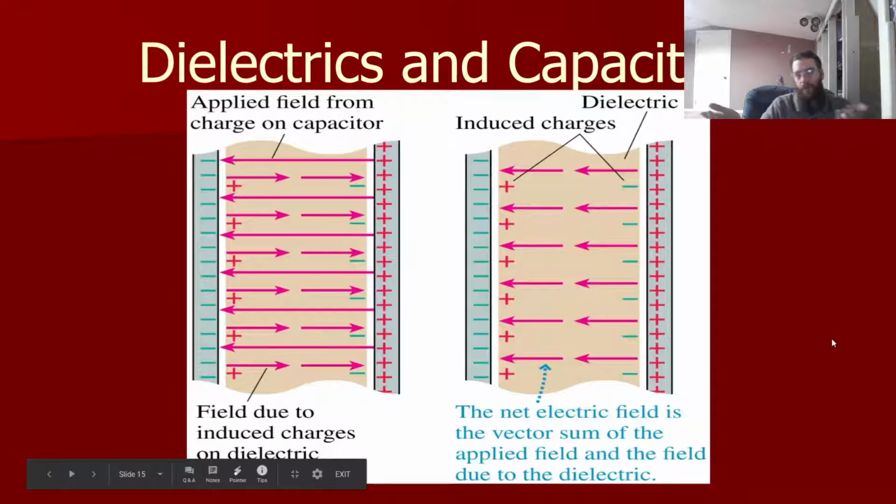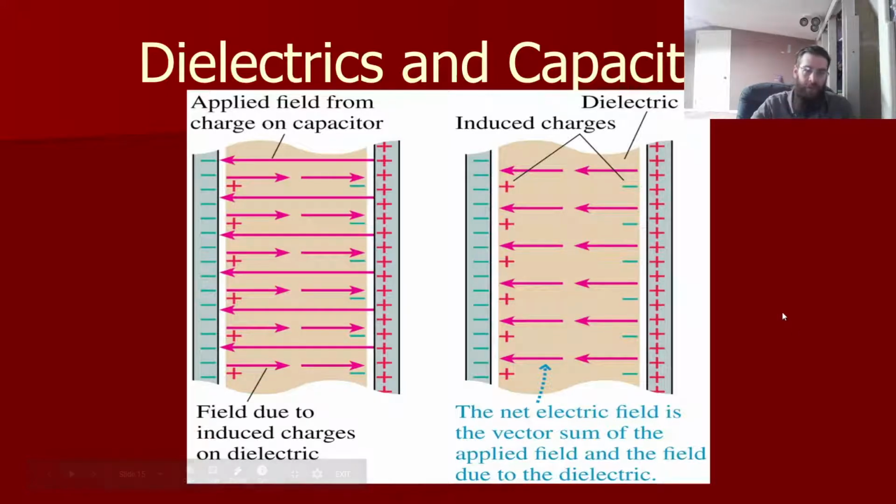And so this is what I was saying. So here, this should make a little bit more sense. Okay, you have this net field, so that's these large pink arrows here going from positive to negative from the capacitor.